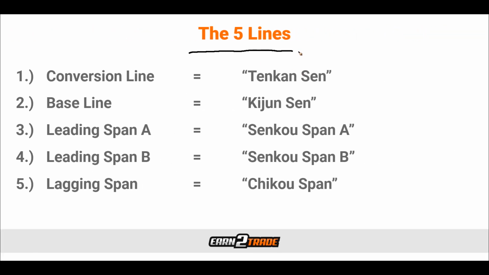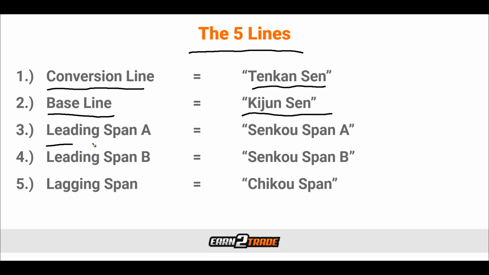Now let's talk about those 5 lines that make up the Ichimoku Cloud and where those calculations are coming from. So the conversion line, we'll start with that. The real name of the conversion line is the Tenkan-san. The baseline, once again, my pronunciations are always very rough, please bear with me, is known as the Kijun-sen.